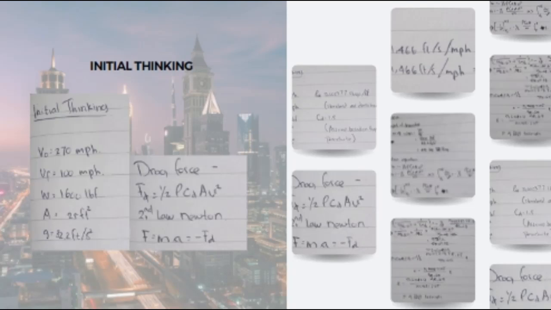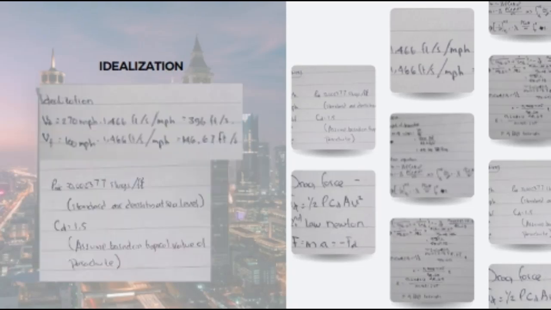So next, the idealization is that V0 equal to 270 mph, and we convert to feet per second and get 396, and for the Vf we get 100 mph and convert to feet per second and get 146.67.